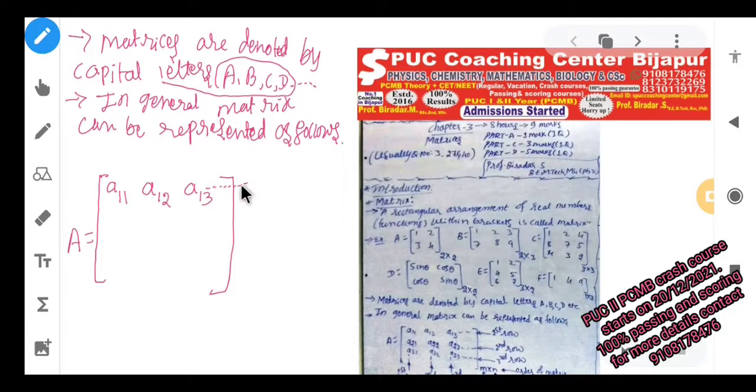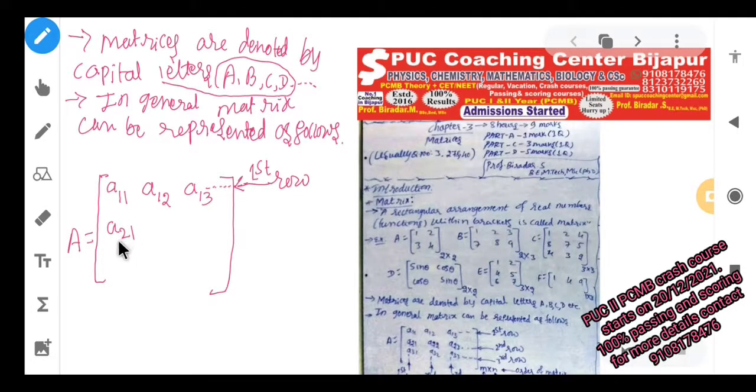So what are we going to call this? We are going to call it the first row. Similarly, if you come down from here, you are going to shift down to the second row, that is A21.